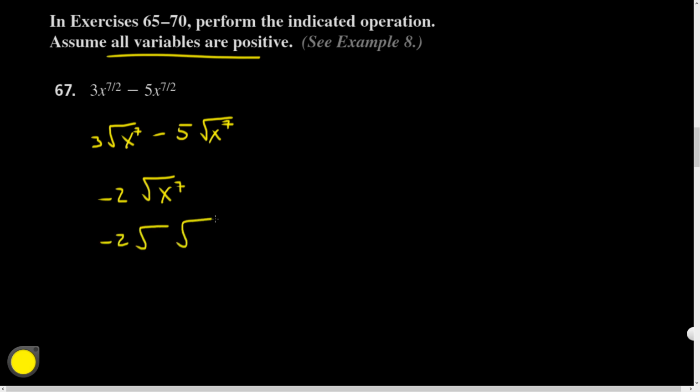What's the largest number that goes into 7 that's divisible by the invisible 2 of a square root? I believe that's 6. 6 is divisible by 2, and 6 plus 1 is 7, so this would be an x to the 1st. So I'd have -2, the square root of x to the 6th becomes x cubed, in which I just divide 6 by 2, and multiply by the square root of x.